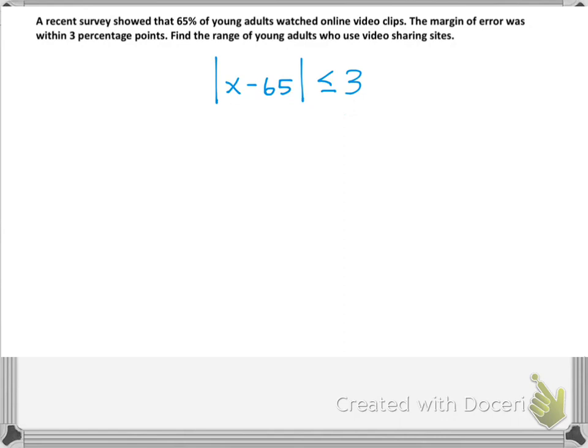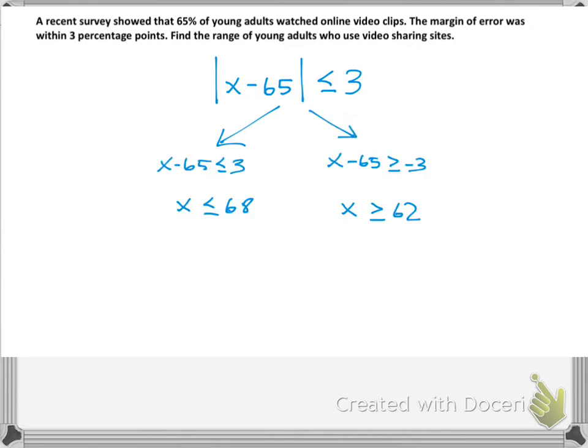And then from here, we can split this off into two different problems. So x minus 65 is less than or equal to 3, or x minus 65 is greater than or equal to negative 3. And then when you solve that, you find your range of numbers. Doing the number line is probably a little bit easier.